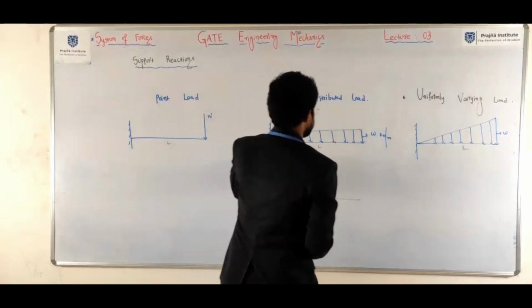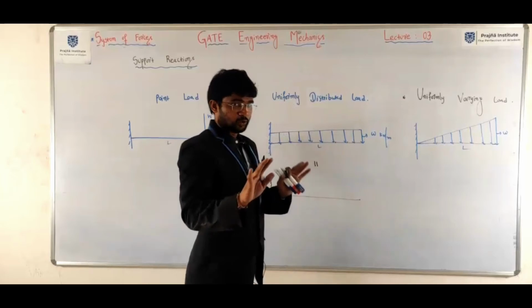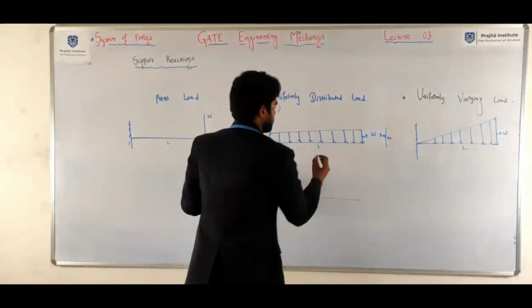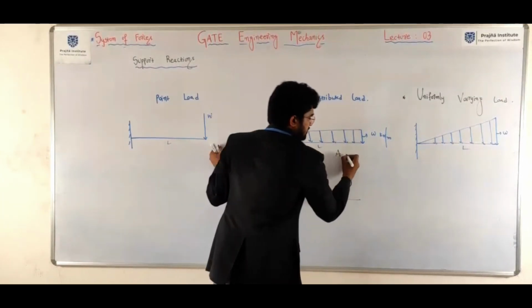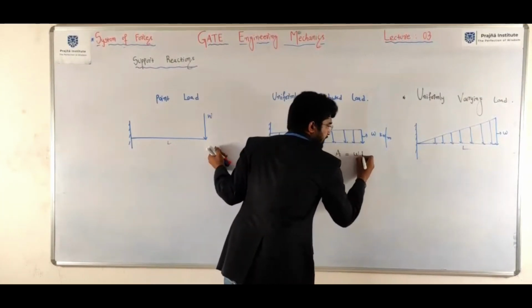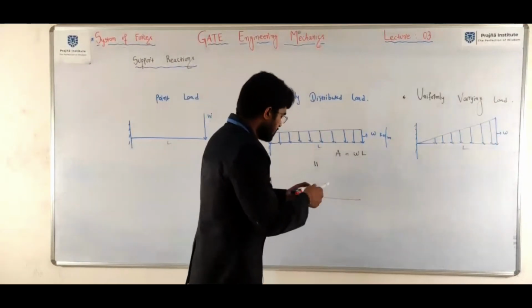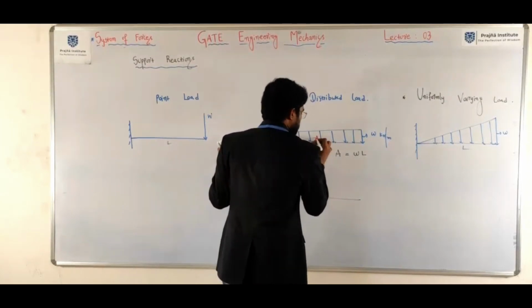First, calculate the area and place it at the centroid. Calculate the area of a rectangle, that is nothing but omega into L. Correct? Calculate the area of the rectangle and then place it at the centroid of the rectangle.